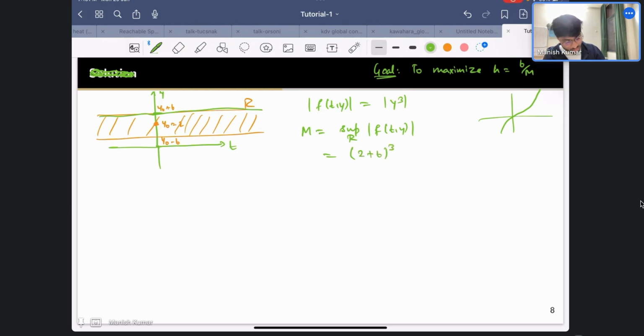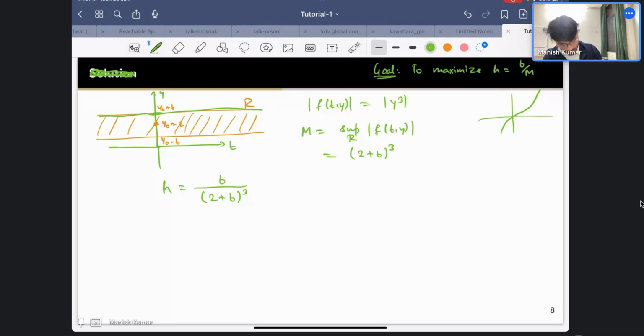So again, h I can write as b by m, which is b by (2 plus b) whole cube, right? Now our goal is to choose such a b so that this h is maximum, right?